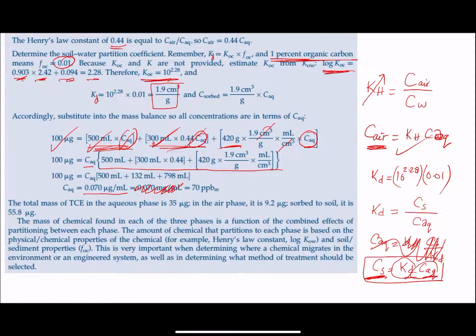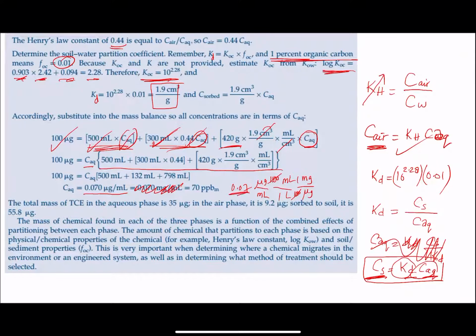Okay, this is wrong here. So 0.07 microgram per milliliter. This is the concentration in water. Remember, we mentioned before, let's change it to milligram per liter. This is 0.07 microgram per milliliter, and 1 liter is 1,000 milliliters, and 1 milligram is 1,000 micrograms.